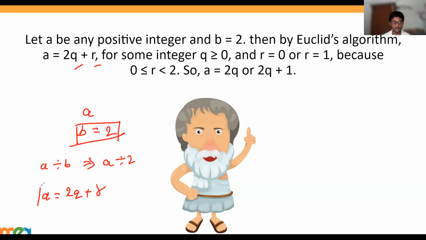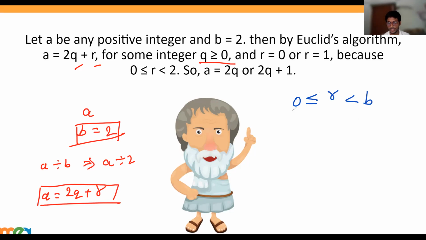These q and r are unique, for some integer q greater than 0. Now what about r? We know that r is greater than or equal to 0 and less than b, not equal to b.